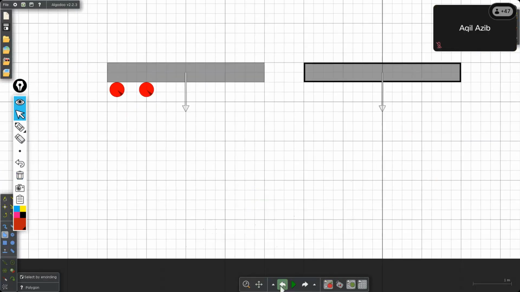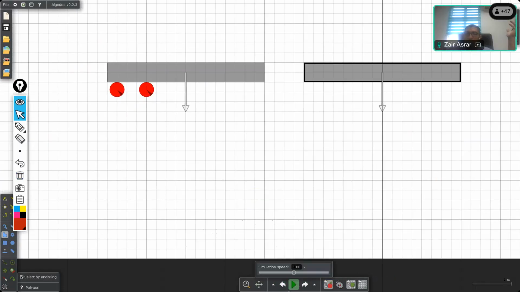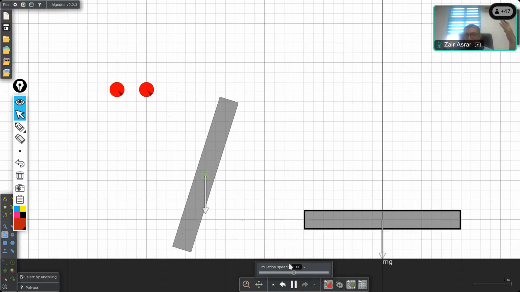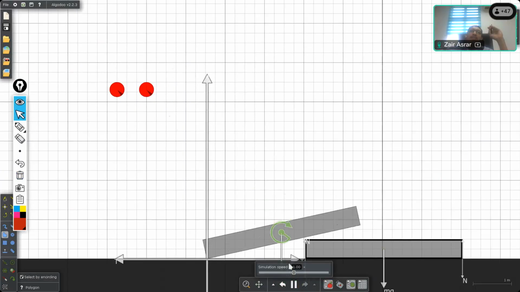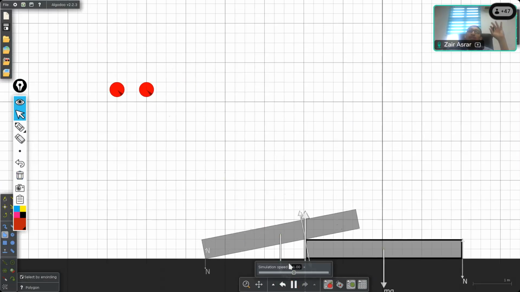The one on the left is rotating. The one on the right hand side is falling down straight. So that is the main observation here. Summation of force equal to 0 means that the object is not moving in a straight line motion, but summation of something is not equal to 0, and due to that the object is not moving in a straight line, but it is rotating.